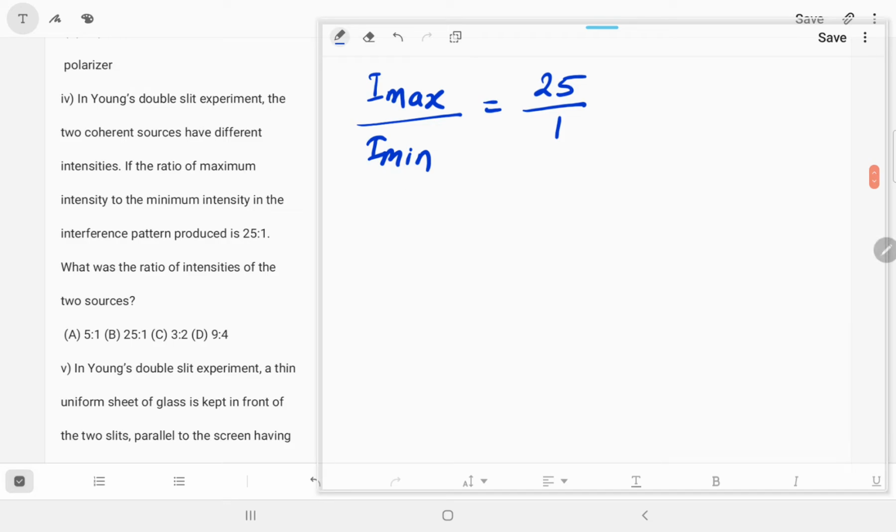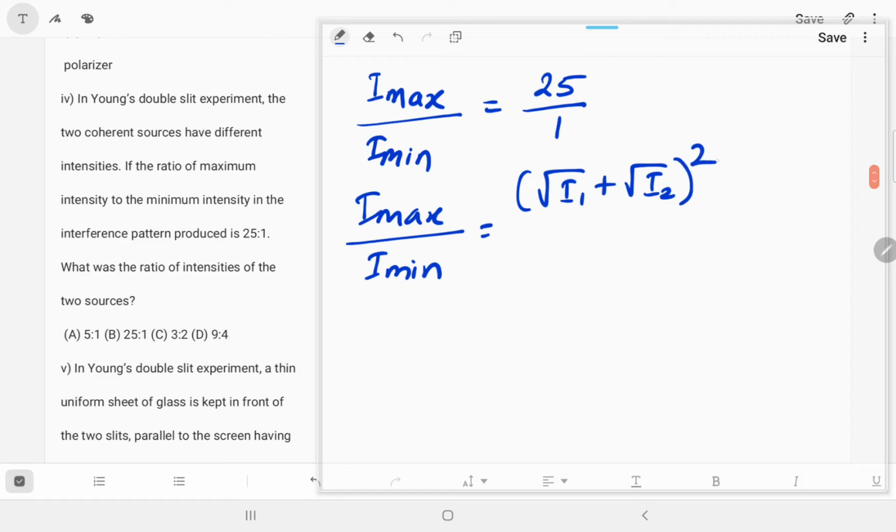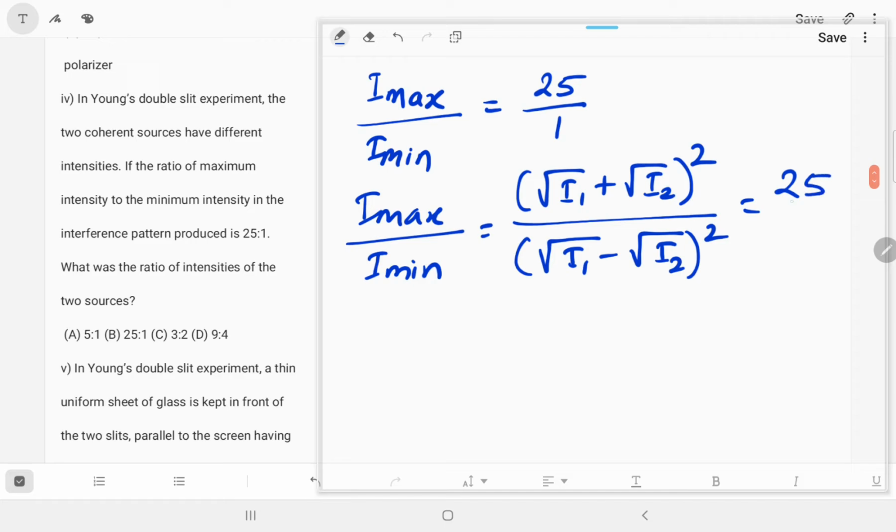The formula for I max upon I min with respect to the intensity is given as (square root of I1 plus square root of I2) whole square upon (square root of I1 minus square root of I2) whole square. So that is equal to 25:1.